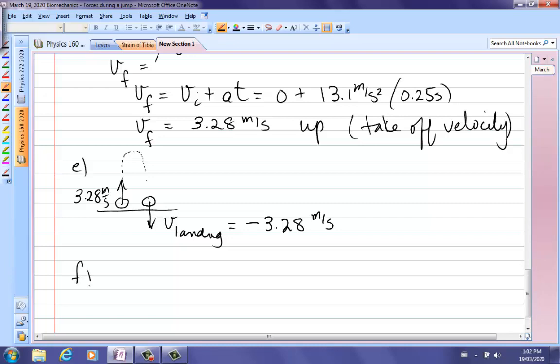Okay, F. How high did she jump? Well, we can use some kinematics here. At the top here, we know the velocity is 0. Vf equals 0. So we can get delta y. Delta y would be the height of the jump.